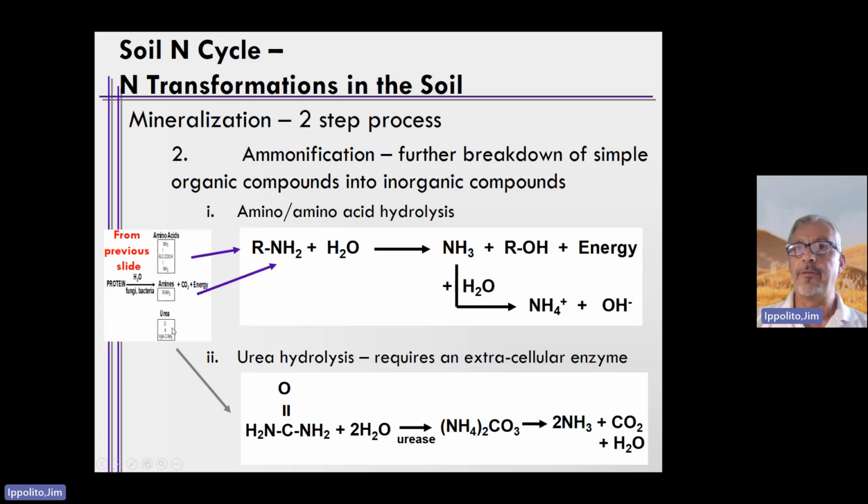We can follow another pathway. We can take urea from the previous slide, and urea undergoes hydrolysis, so the splitting of water in the presence of an enzyme that's ubiquitous on the face of the planet, basically.